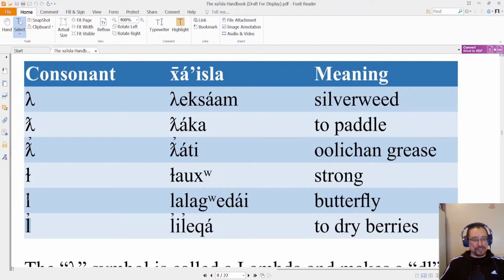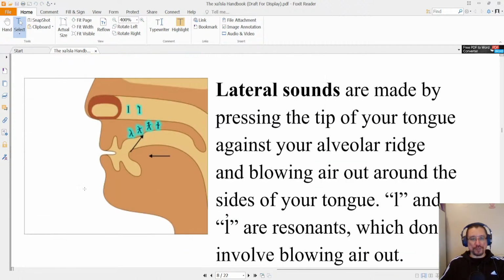So that's a way of signifying and separating the resonant sounds here, because you can see you have the regular L up here and the glottalized L. So these are resonant sounds, which means that the air is coming out through your nasal passage and coming out through your nostrils, whereas these sounds are coming out through your mouth. So these are mouth sounds, these are nasal sounds.